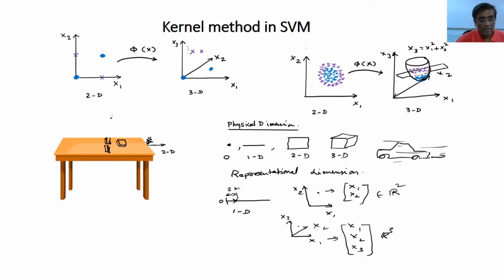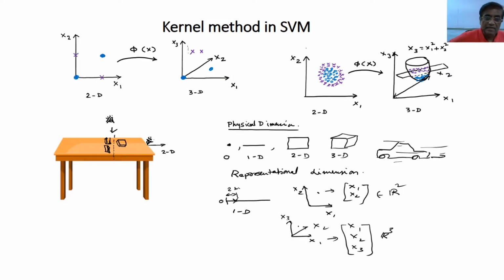But the moment you just try to see from here, clearly they are linearly separable. There is a decision boundary. So the point I am trying to make is that if you go to a higher dimension, then the samples can actually become linearly separable. That's very important.